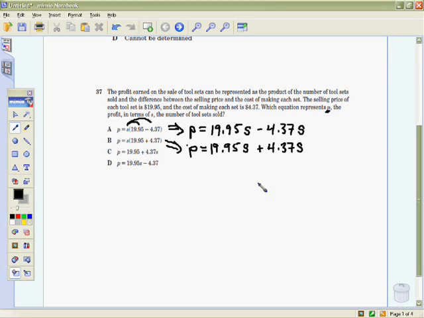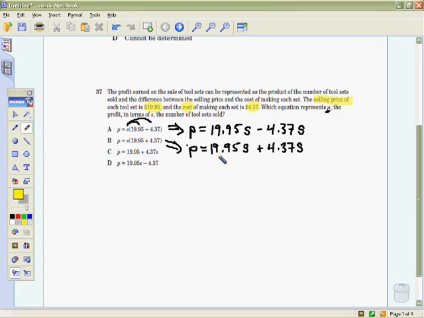So let's go back into the problem and look at some of the meat of the problem. The selling price is $19.95 a tool set. The cost of making it is $4.37 each.